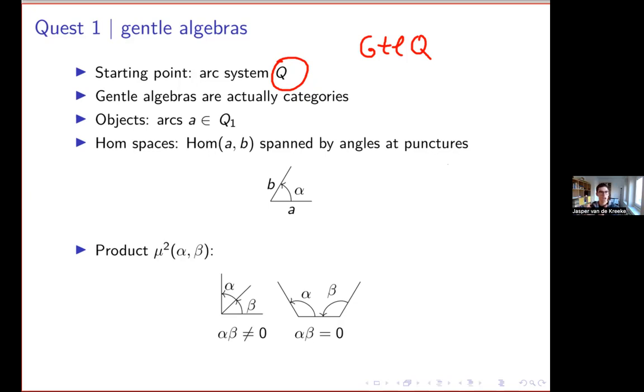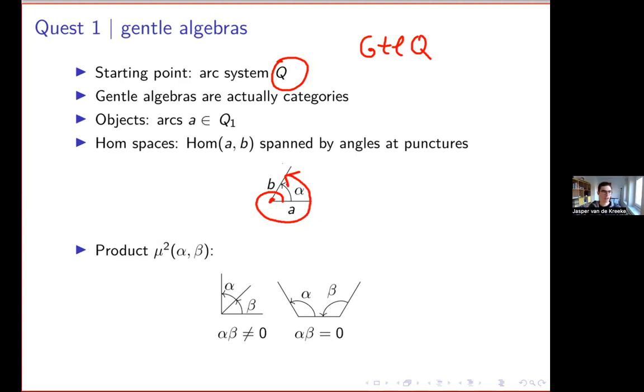If 2 arcs come together in one puncture, you look at all possible angles. Here's a puncture, and A and B come together here, and there's an angle between them. Of course, there's also a longer angle. This one is also an element of the hom space, and the whole hom space is spanned freely by these kinds of things.